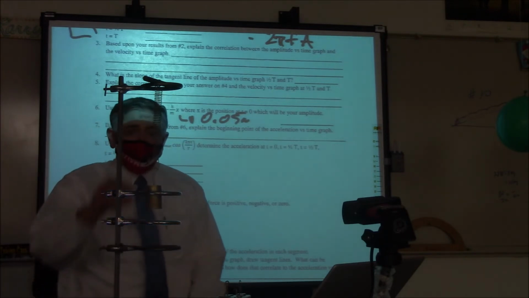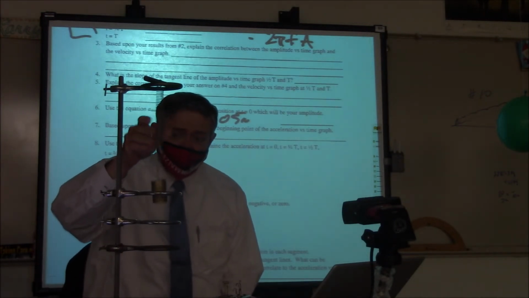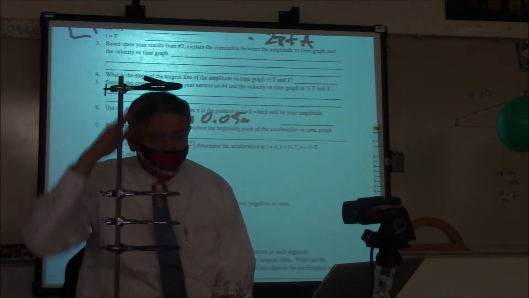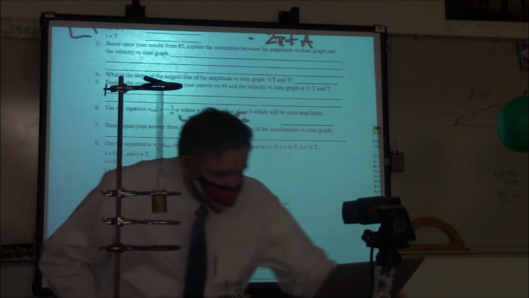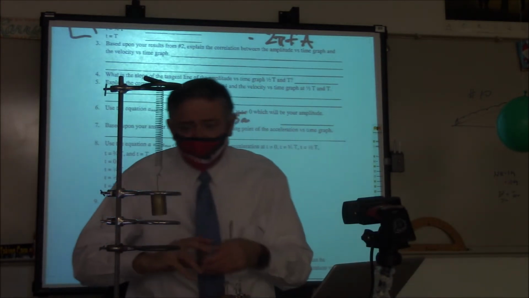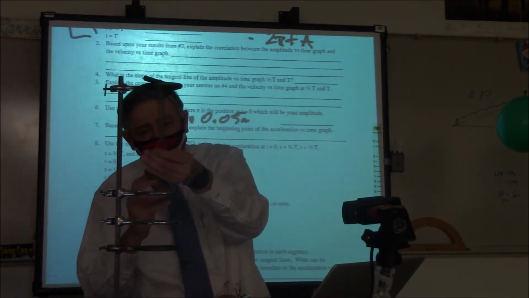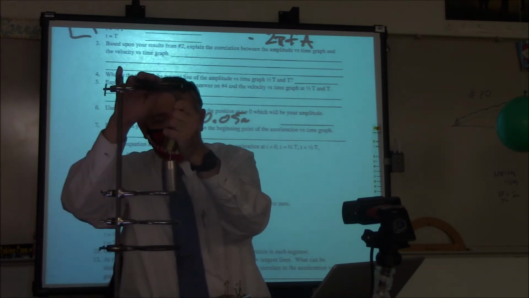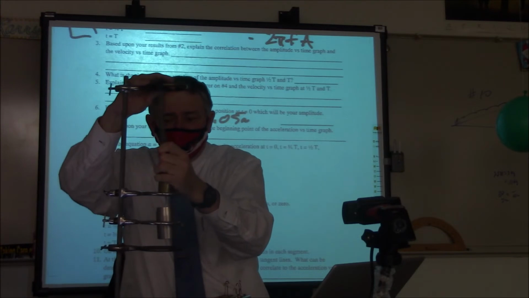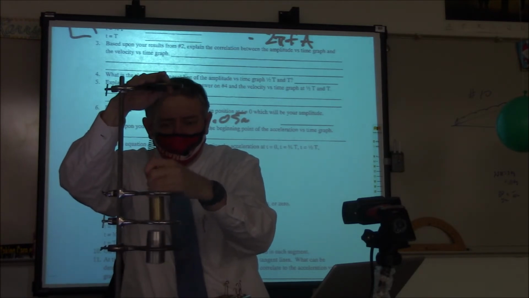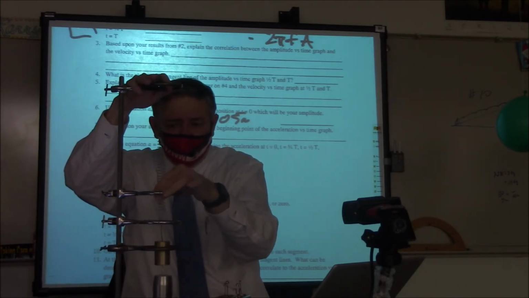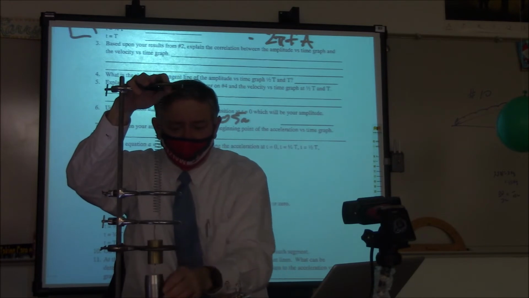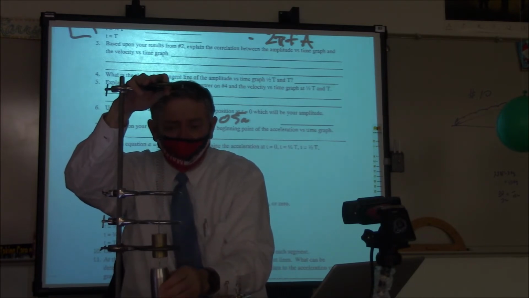So if you look at it physically, when I put that 0.5 kilogram mass on there, it's like doink, doink, doink, doink. It goes pretty fast. Now, if I put 1.5 kilograms on there, just watch what happens.